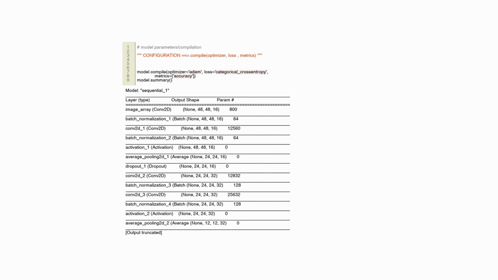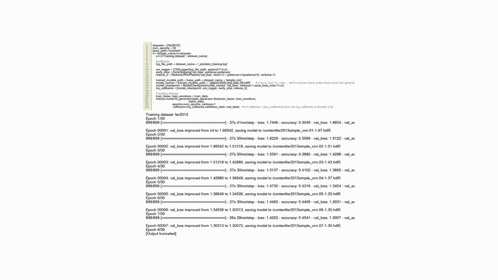This code is used to train a neural network model on a dataset called FER 2013. The dataset is located in the directory content. The code uses a for loop to iterate over all the datasets. In this case, only the FER 2013 dataset is used. During training, the code will print the name of the dataset that is currently being trained.